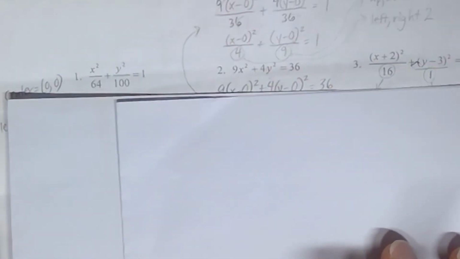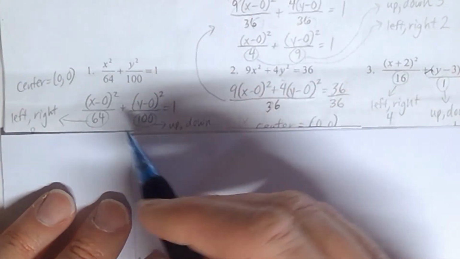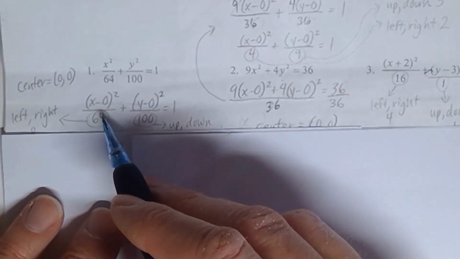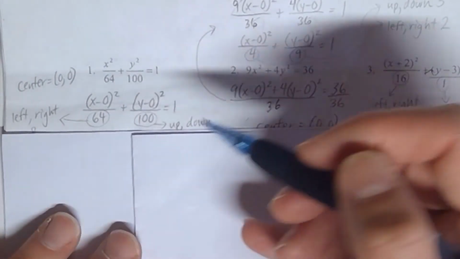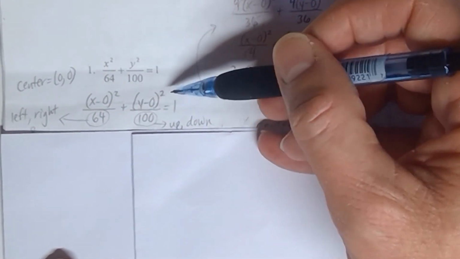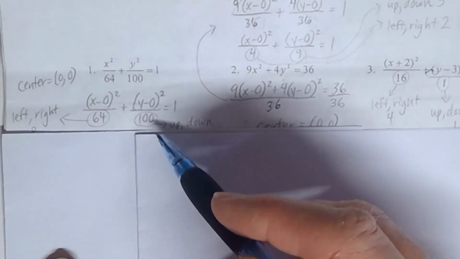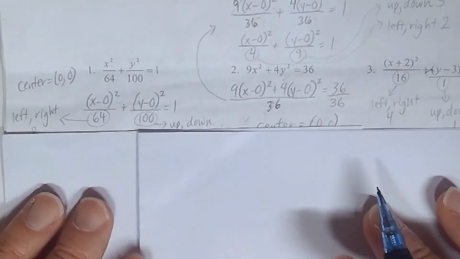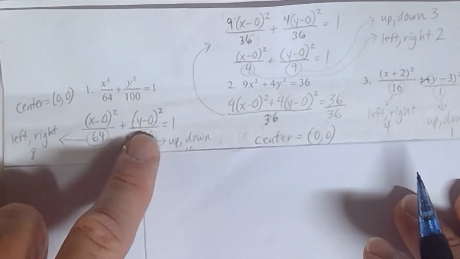Okay, on number 1 right here, again, it's already in the form that we need it to be in. Realizing, whether you write it down or not, it's optional, that x squared is x minus 0 squared and y squared is y minus 0 squared, it now looks exactly like an ellipse is supposed to look. So that means the center is 0, 0, as you can tell from inside the brackets.